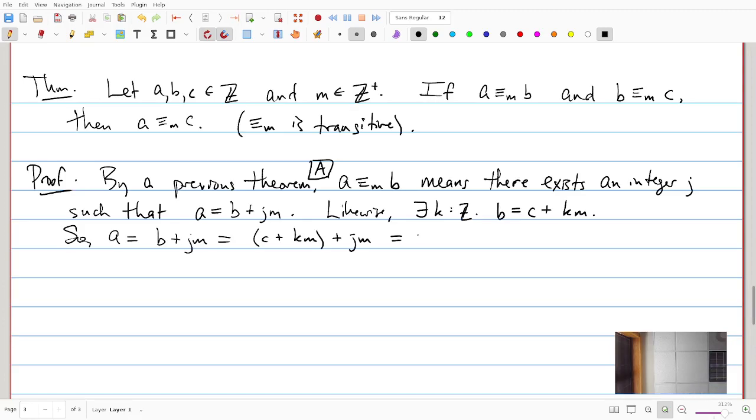And, well, I can reassociate and factor out the m. So this is C plus K plus J times m.